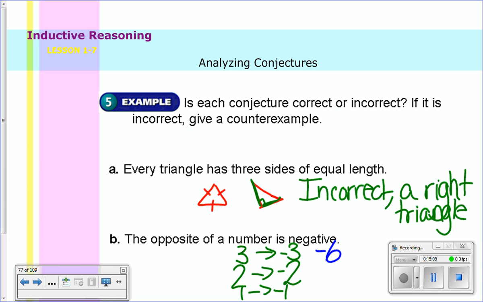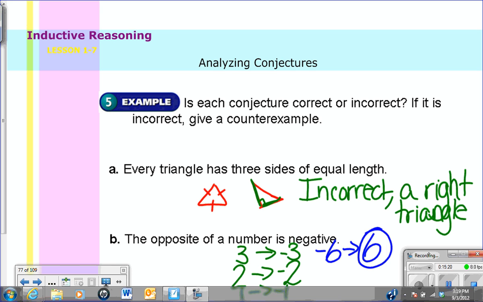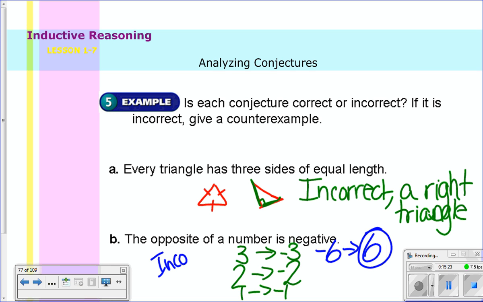What if I start with a negative number? If I started with a negative 6, the opposite of that would be a positive 6. My answer here is not negative, so I know for a fact that this is incorrect. And I could use the example of negative 6 to 6, or 0 itself. 0 is considered neither positive nor negative, so 0 is just 0.